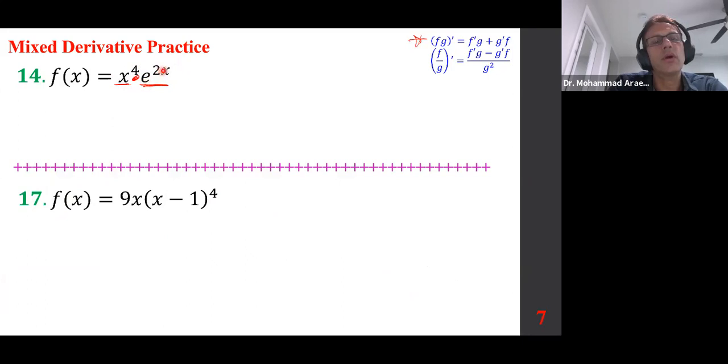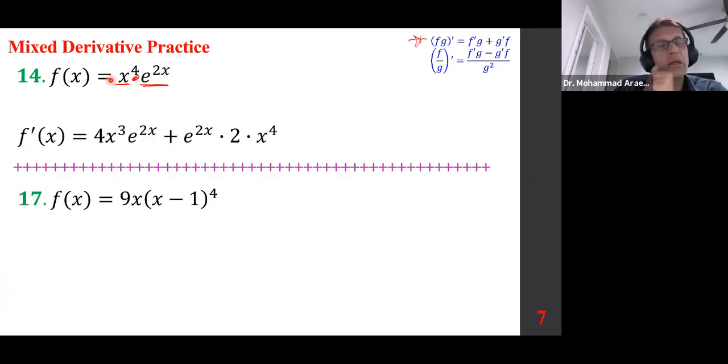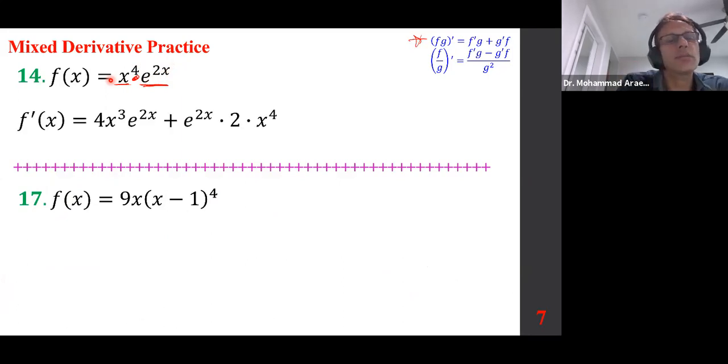The derivative of e to the power of 2x is itself times 2 times x to the power of 4. Okay, I hope everybody's comfortable with the concept. So the derivative of x to the power of 4 is 4x cubed, okay? And the derivative of e to the power of 2x is these two pieces. You're done. Now do the algebra.